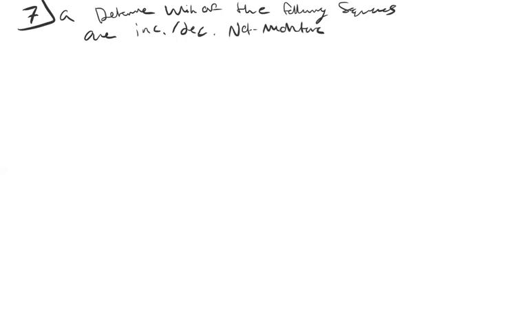Okay, monotonic means either increasing or decreasing. That's all it means. It's just a fancy way of saying it's either increasing or decreasing. So if we have a sequence that's neither, then it's not monotonic, okay?